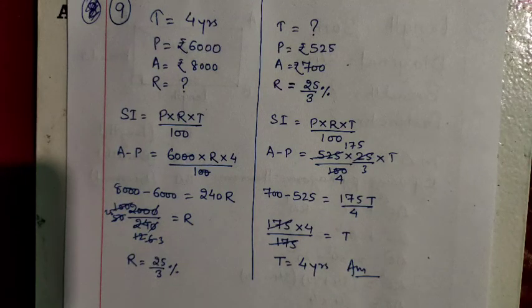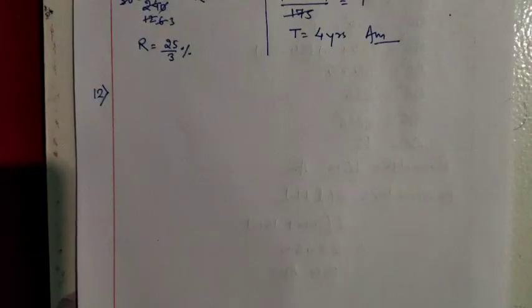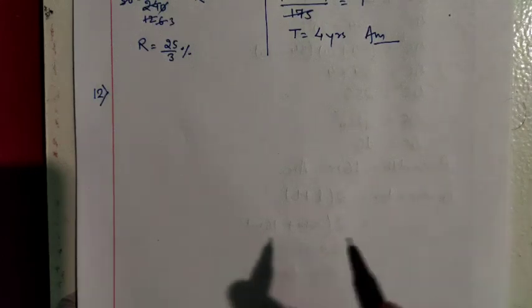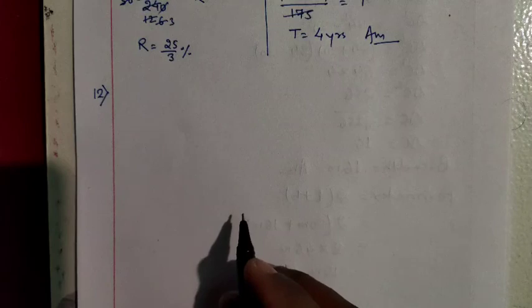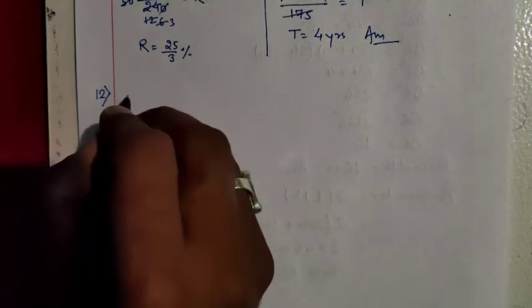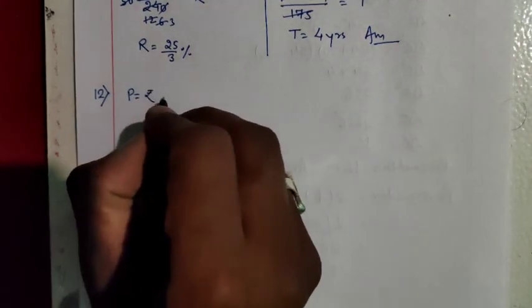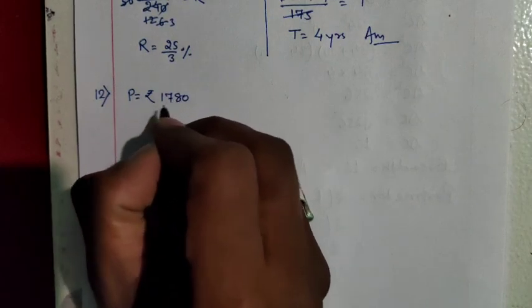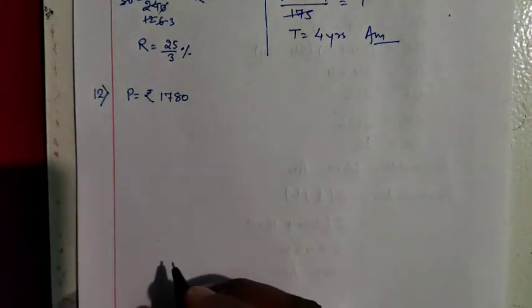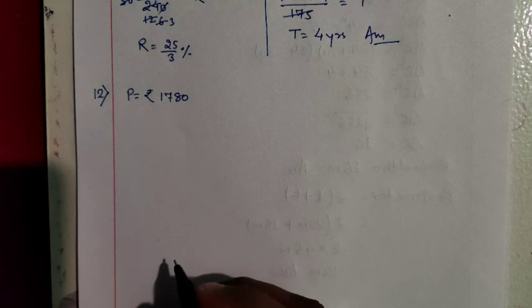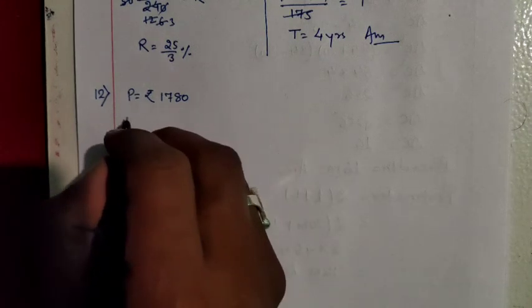And next we will be moving to solve question number 12. Question number 12 is saying a sum of rupees 1780, it means principal is given, rupees 1780 is the principal, becomes 2,136.